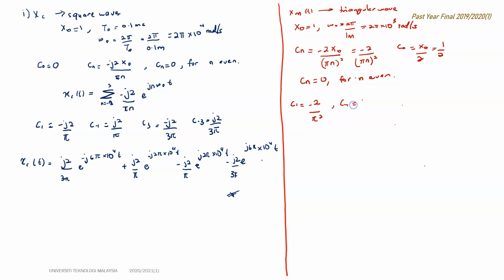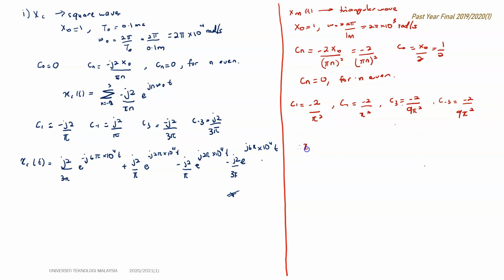C negative 1 is equal to negative 2 divided by pi squared, which is the same because when you square the negative, it becomes the same number. C3 is equal to negative 2 divided by 9 pi squared, and C negative 3 is equal to negative 2 divided by 9 pi squared.